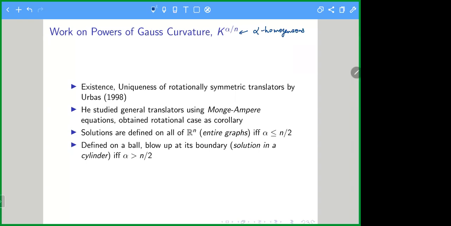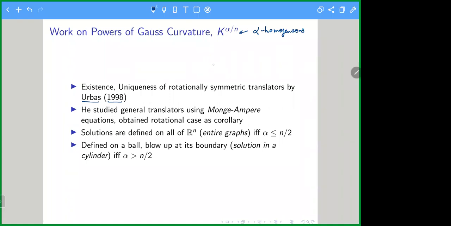Here the situation is pretty different. The work on this was done by John Urbas in 1998, using Monge-Ampère equations. Again he's looking at arbitrary domains, not even the radial case, and he's able to show existence and uniqueness of these solutions, and the rotational case comes out as just a corollary.